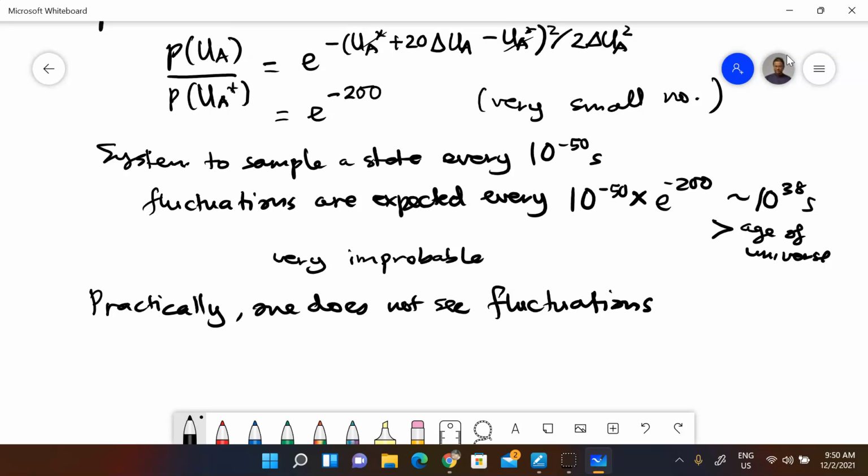But this numerical example says that if you want to see those fluctuations, you probably have to wait so long that you don't really see those fluctuations anyway. So that's the main idea.